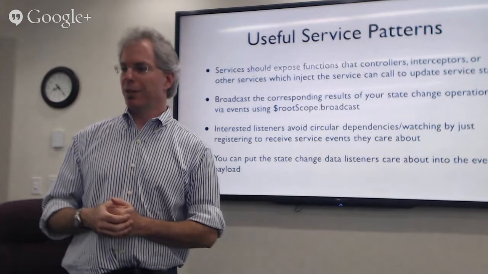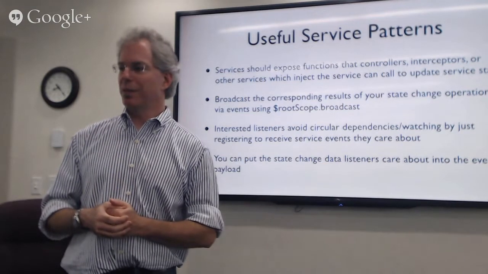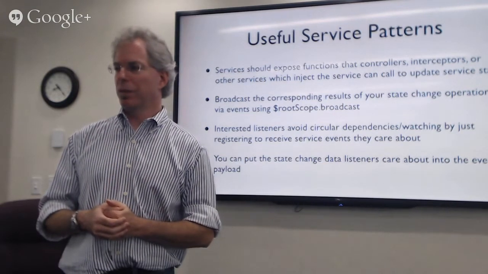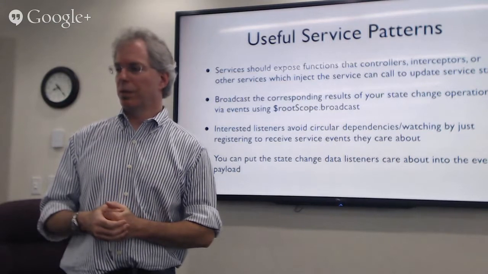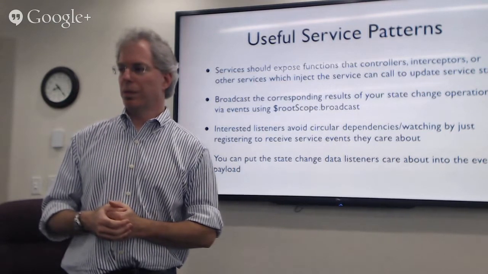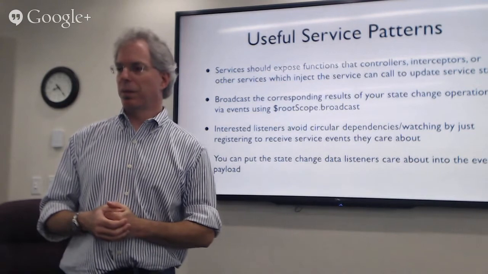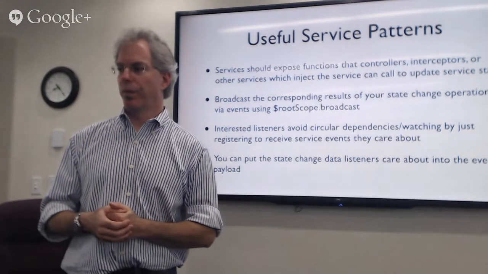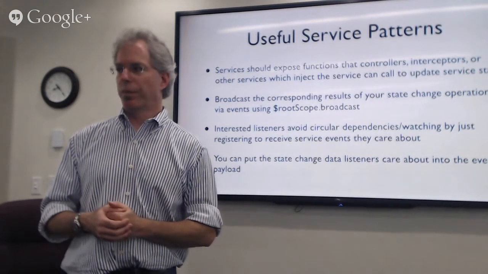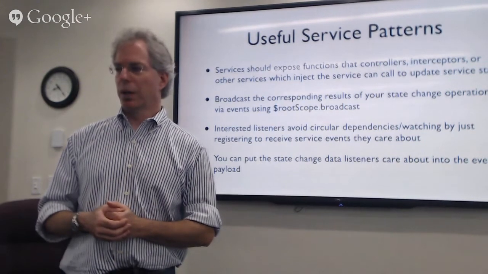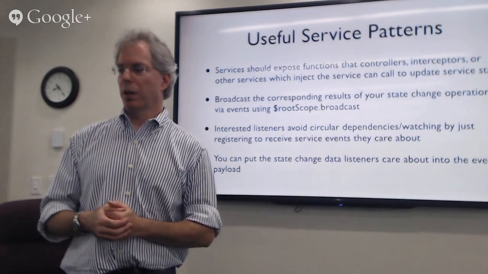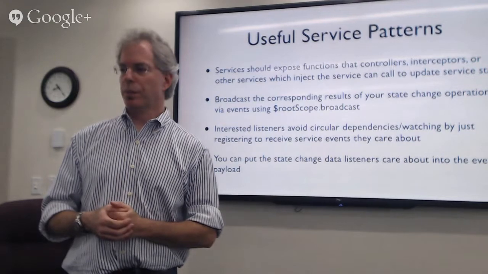Well, I guess a better thing would be if you only wanted the child scopes of that controller to listen to it, and not any scopes above it, you could use emit, I guess, that goes downward, or no, emit goes upwards, broadcast goes downward. So you could use broadcast if you only wanted to broadcast from your scope down rather than root scope down.